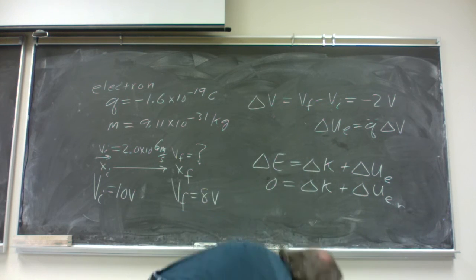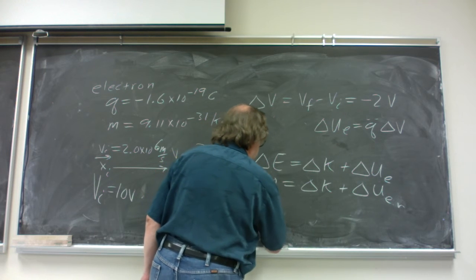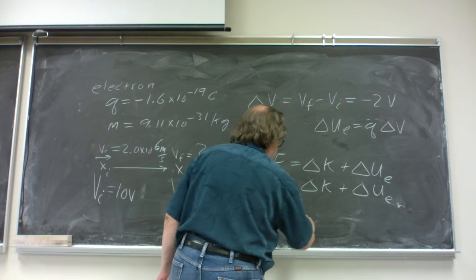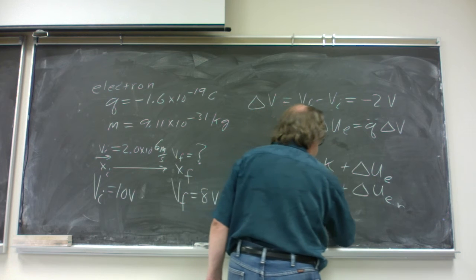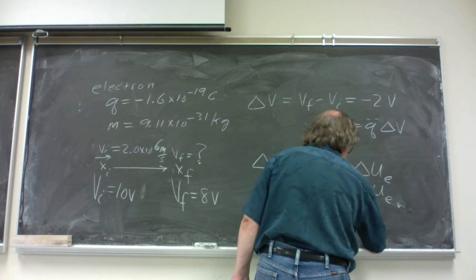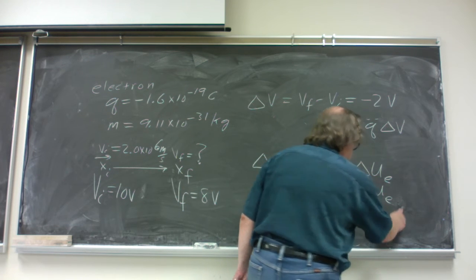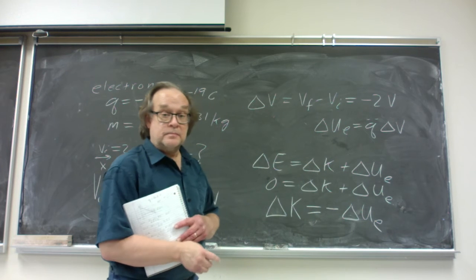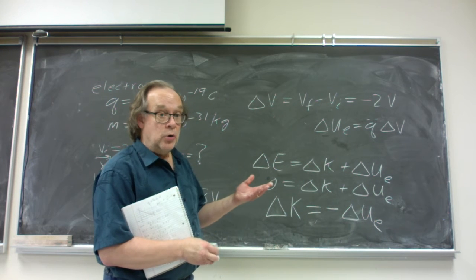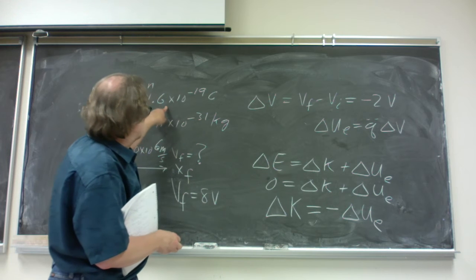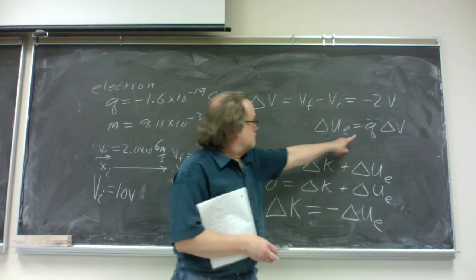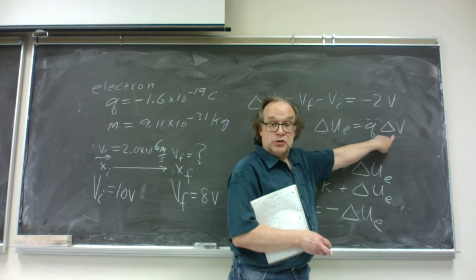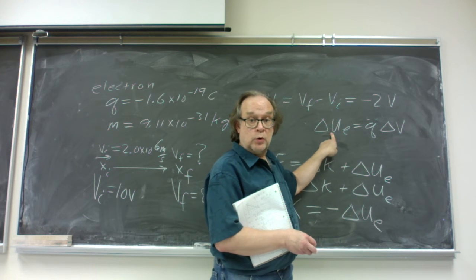And so what we have then is that the change in kinetic energy is just equal to -1 times the change in potential energy. And since we know the charge, and we know how much potential change, we can easily figure out what the change in potential energy is.